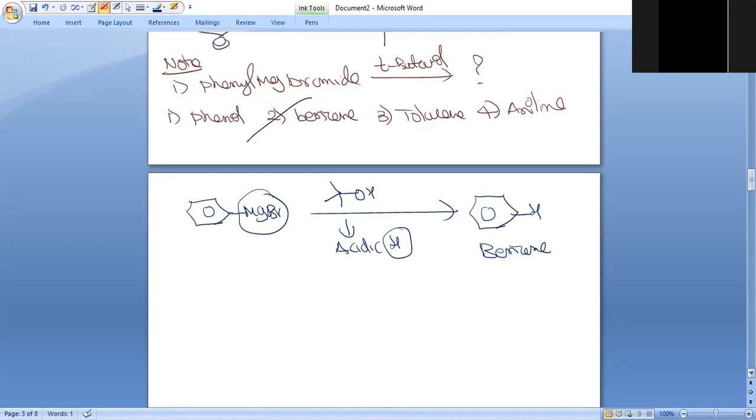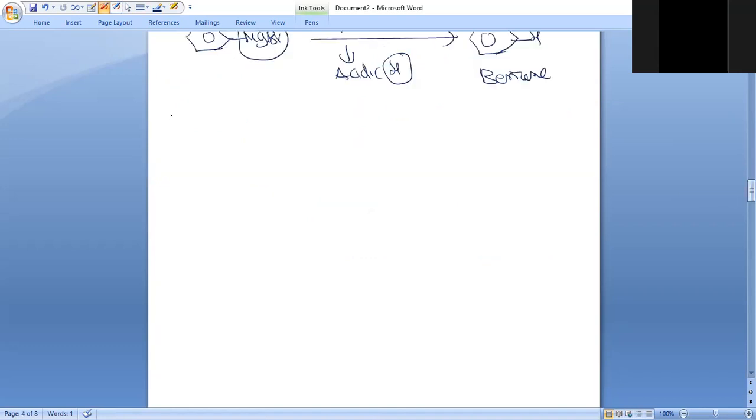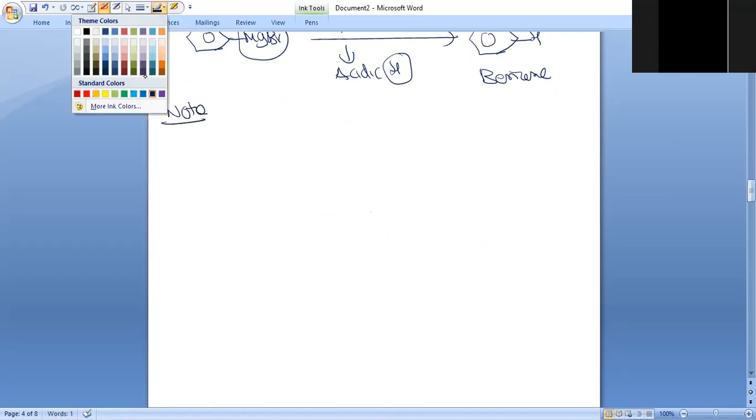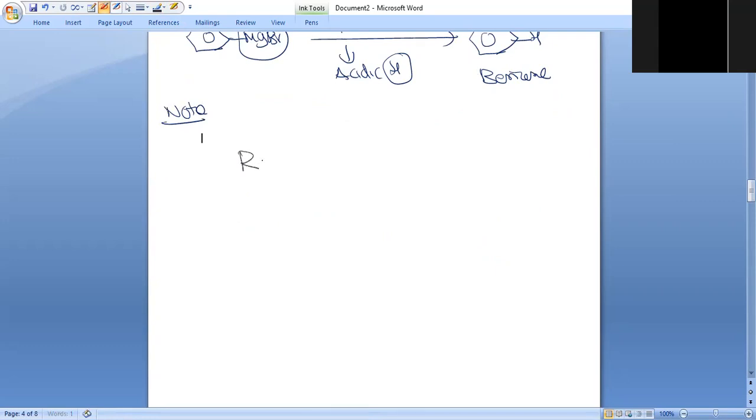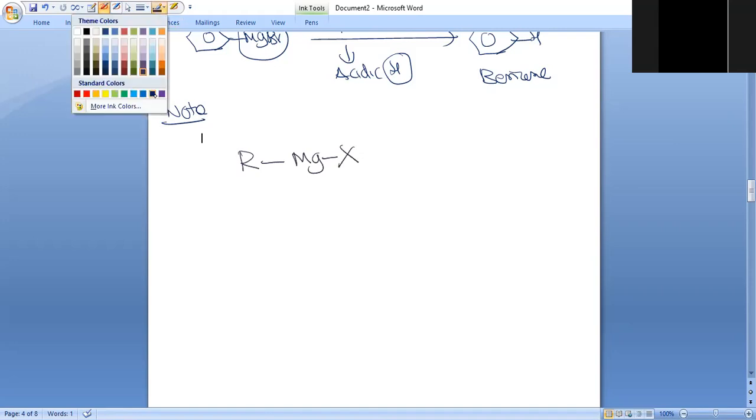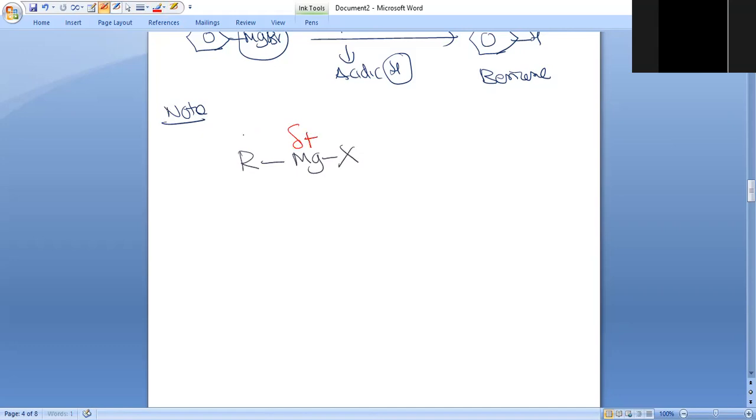Okay. And another important point here, you're taking this compound RMgX, right? So what bond will be there here? Partial positive charge and partial negative charge. It is a covalent bond and highly polar bond.